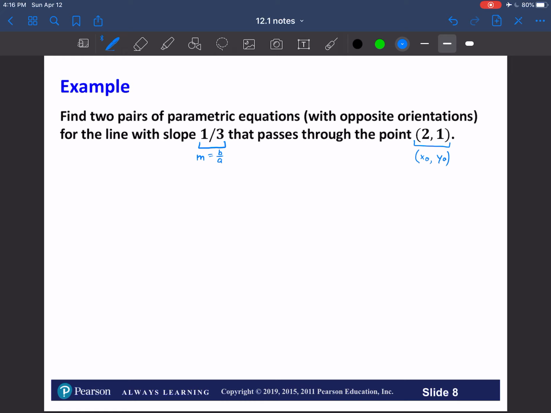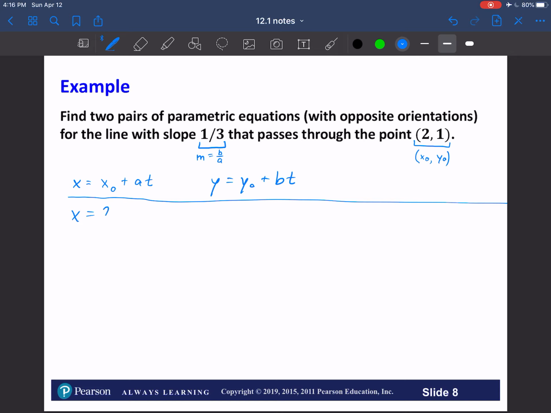So we can write that x is equal to, in general, x naught plus at, and y equals y naught plus bt. So this is the general way that we write it.